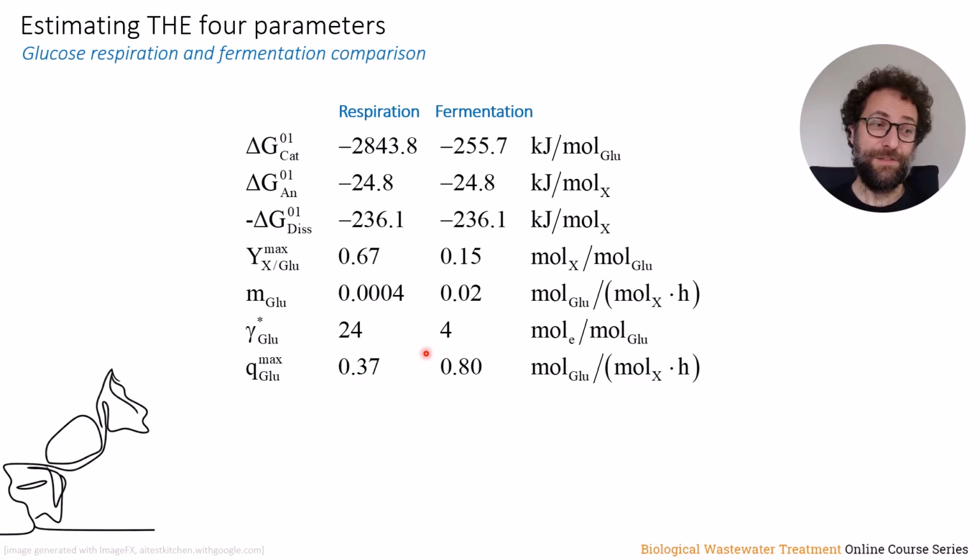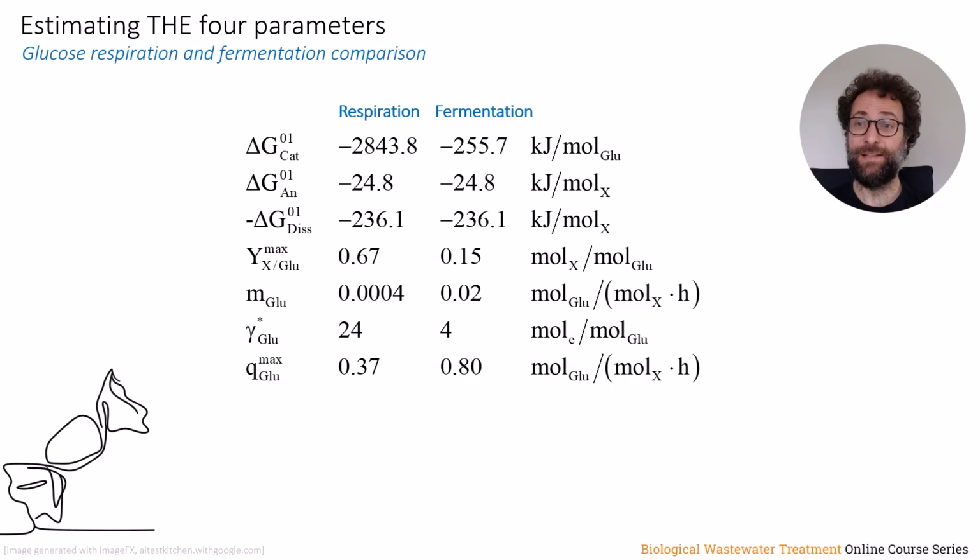Therefore, the rate at which substrate can be consumed will be much lower for respiration, where many more electrons need to be transferred per unit time than in fermentation, where only 4 electrons per mole glucose are transferred. Therefore, more glucose can be processed per time.